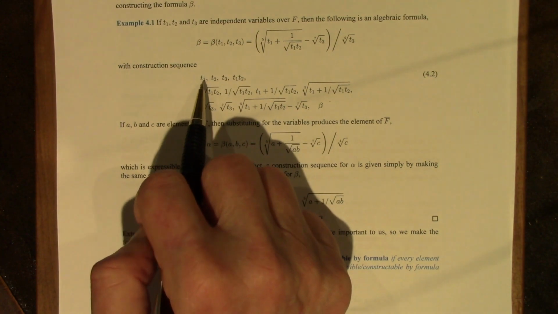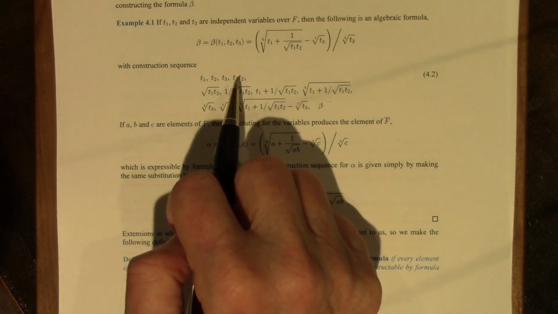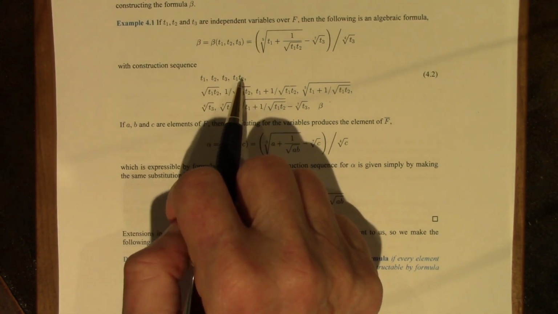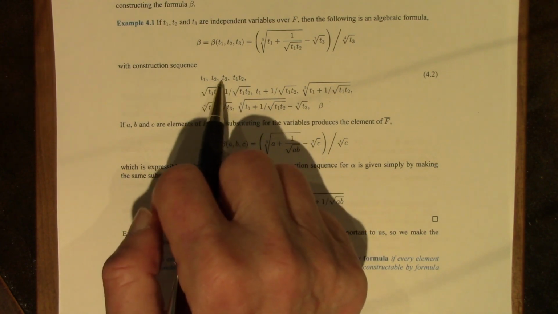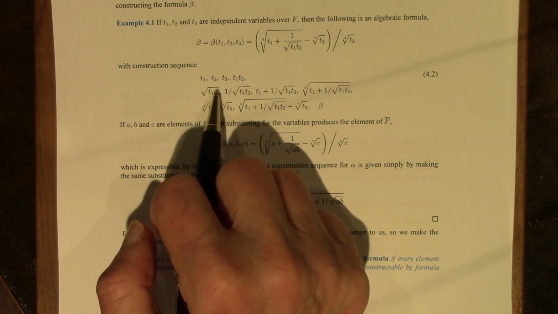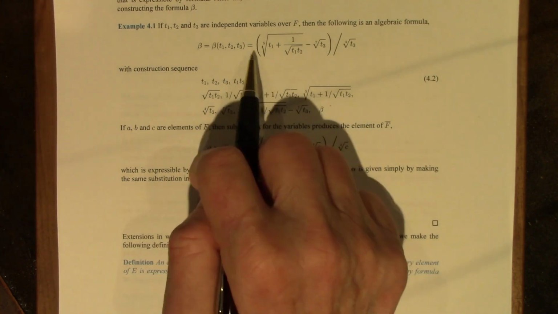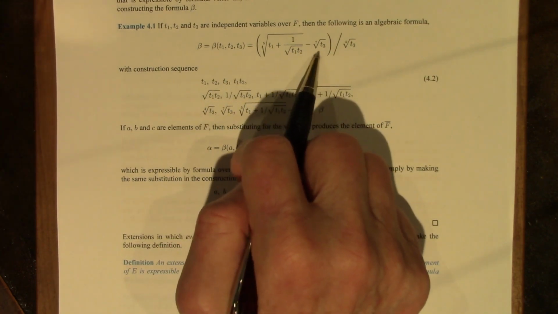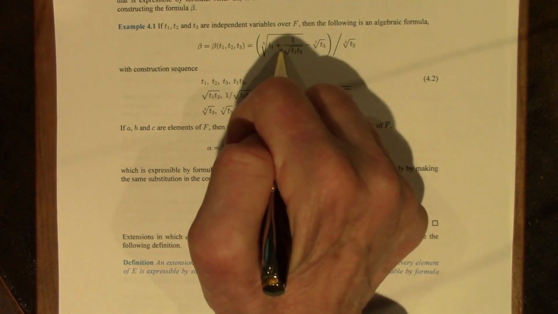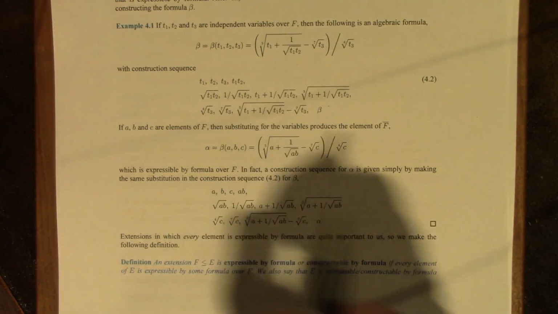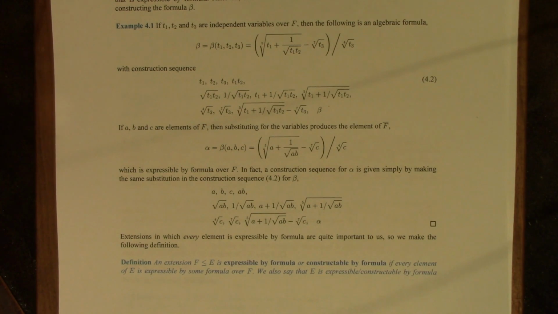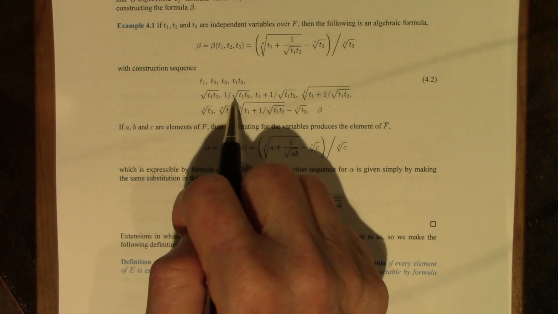So at each stage, I'm applying one of the 5 basic algebraic operations to the previous elements and tossing in any elements of the base field if I should need them. I probably didn't do a good example here. I should maybe change this to twice this, so I can throw something in from the base field, but I think you get the idea.